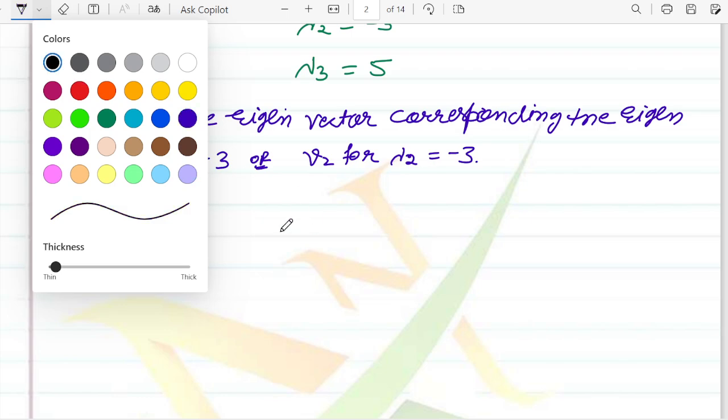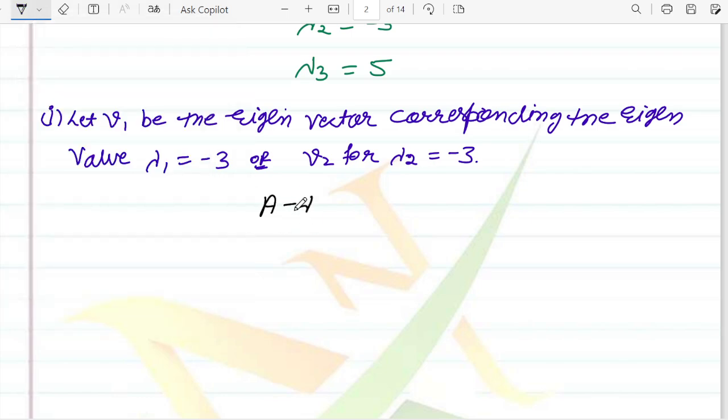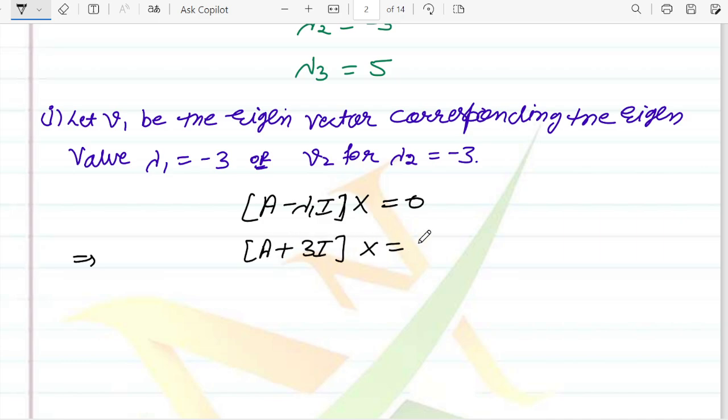Therefore A minus lambda 1 I into x is equal to 0. That is A plus 3I into x is equal to 0.